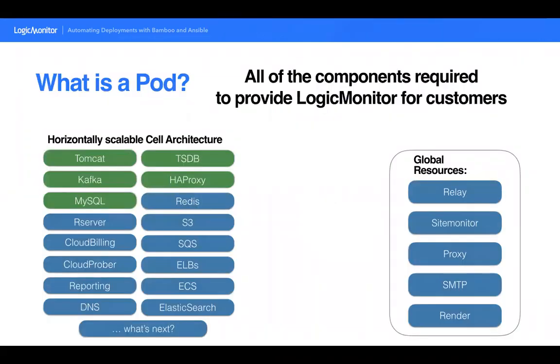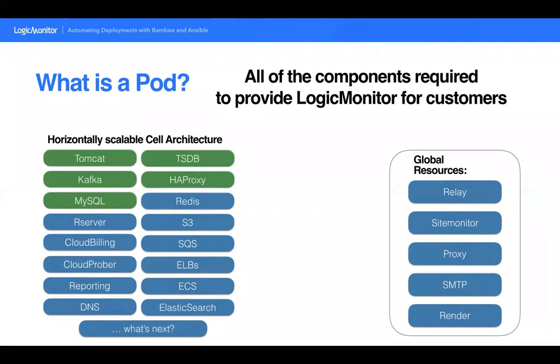So a little more context on the whole complexity piece. As a SaaS company, we have a variety of applications and servers and various components that are required to provide the LogicMonitor service to our customers. We refer to this collection of services as a pod, and as we add more customers, we have to add more pods.